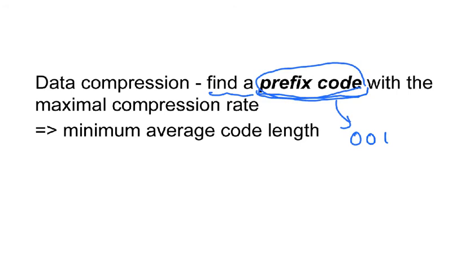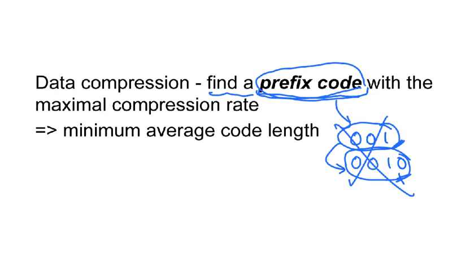This is one code representing one particular string, and then we had one other code representing another string. And as we saw, 001 is a prefix of this, which is not good, and will make it difficult later when it comes to decompression or decoding. So a prefix code is one in which there is no such case. So we want to find a prefix code with the maximal compression rate.